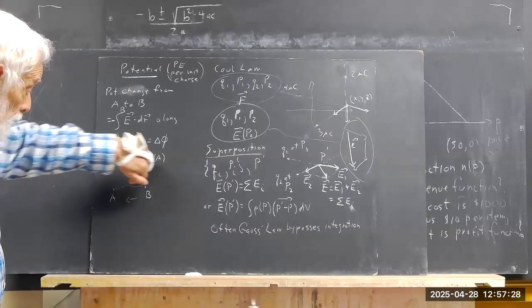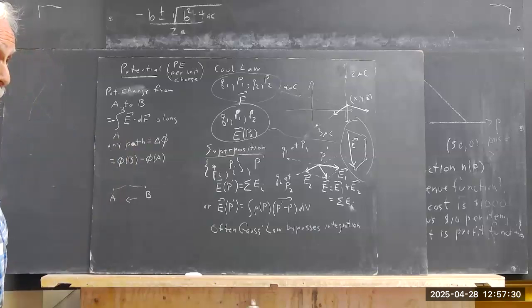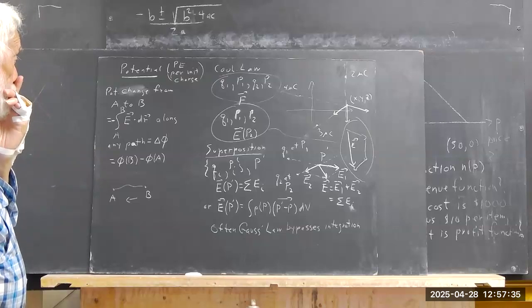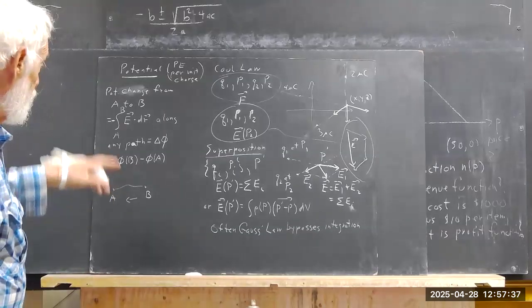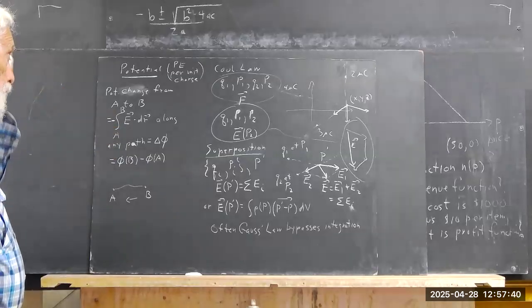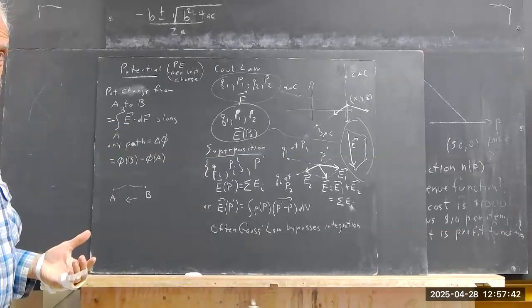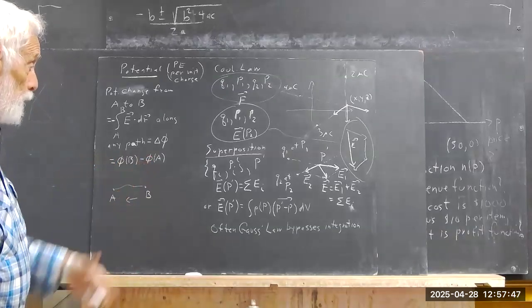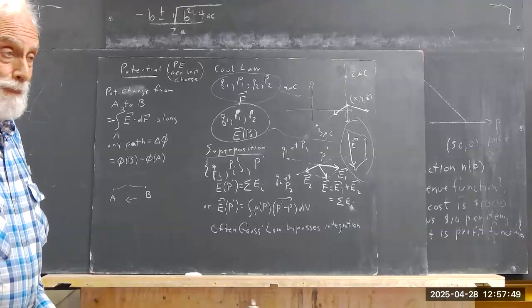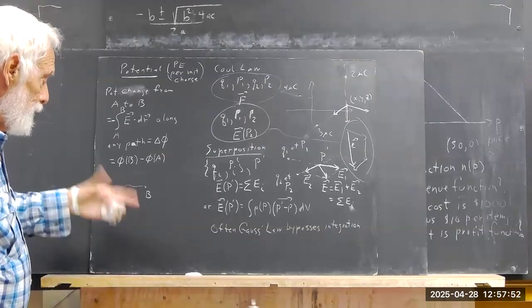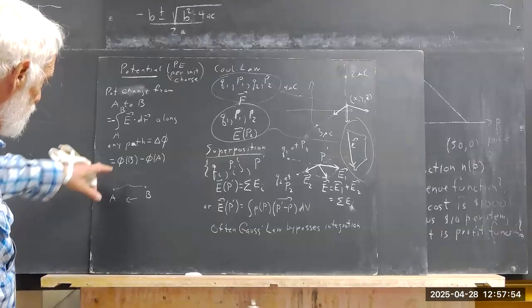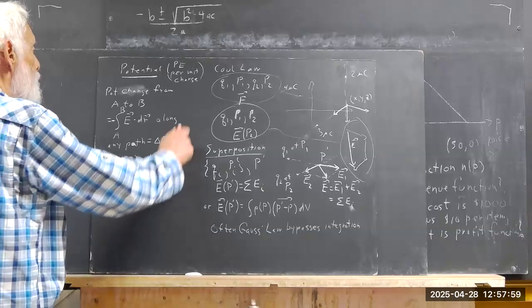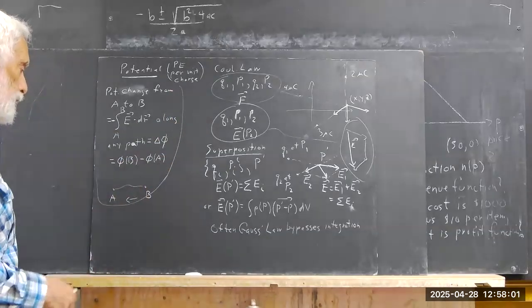The positive terminal is here, the negative terminal is here, and the electric field is in this direction. So this has to come out phi B minus phi A. The negative sign is there because the electric field is positive, meaning the electric field is in the direction from A toward B. So you might want to sort that out, but that's correct. I've satisfied myself. But again, check me against it.